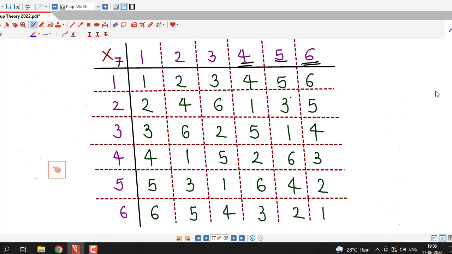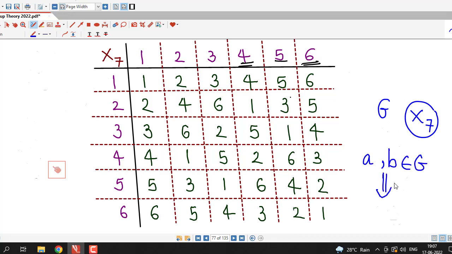So the first property is that this given set G must be closed under multiplication modulo 7, that is the closure property. That means if I take any two elements a, b in group G, then a multiplication modulo 7 b must also be in G. So this we can observe from the table.